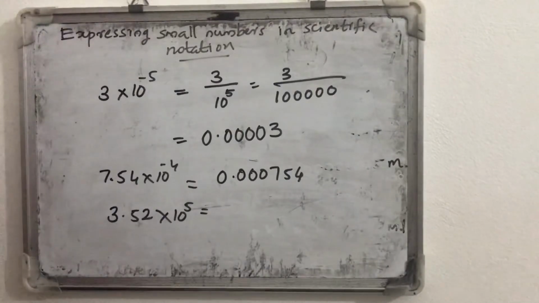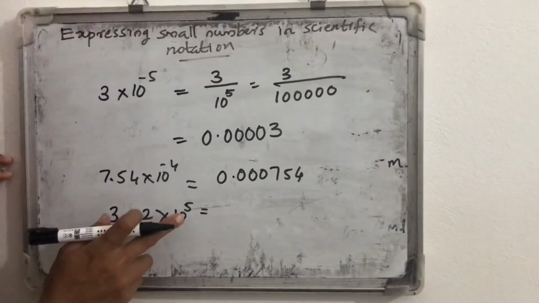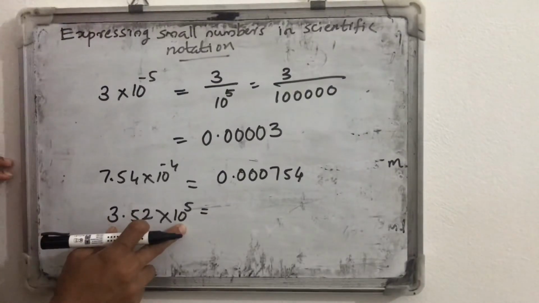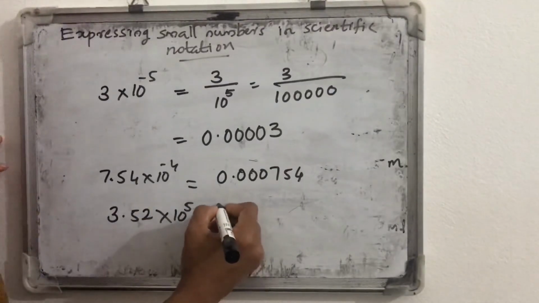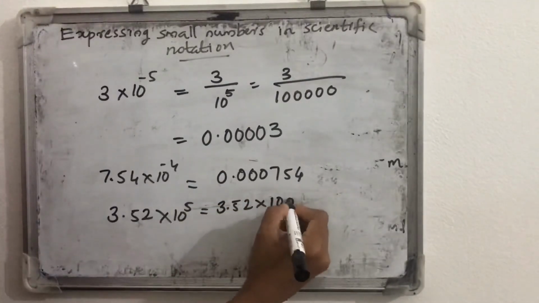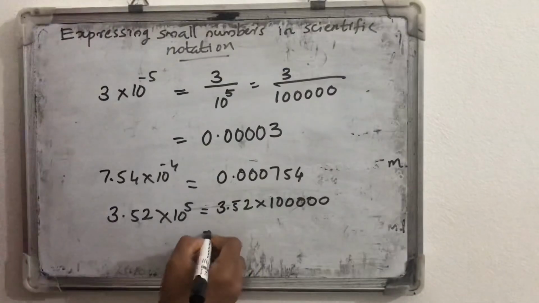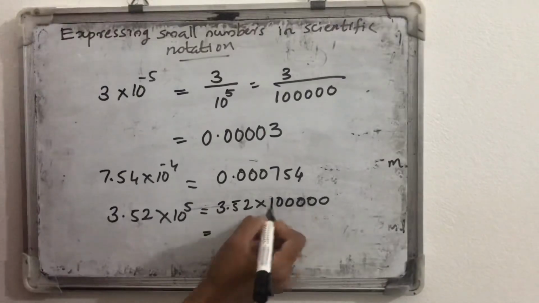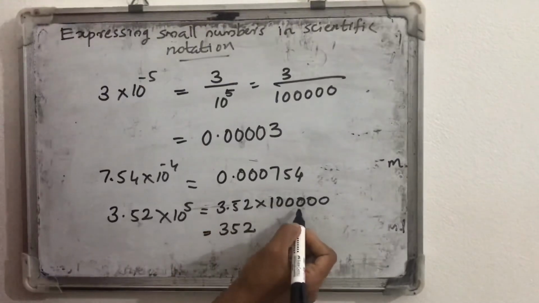Here 2 places are there and 5 places also, so how many places are needed in total? We can write 3.52 into 10 raised to 5 like this.